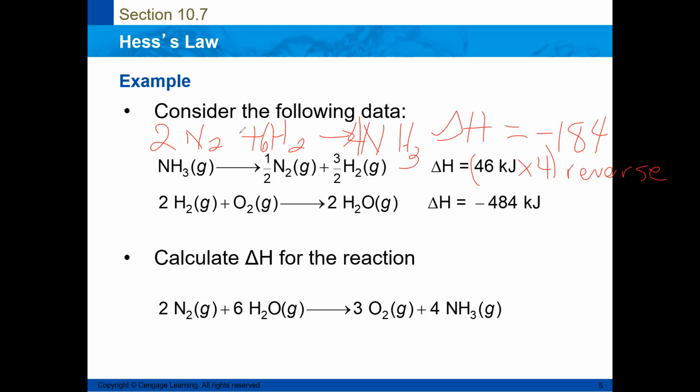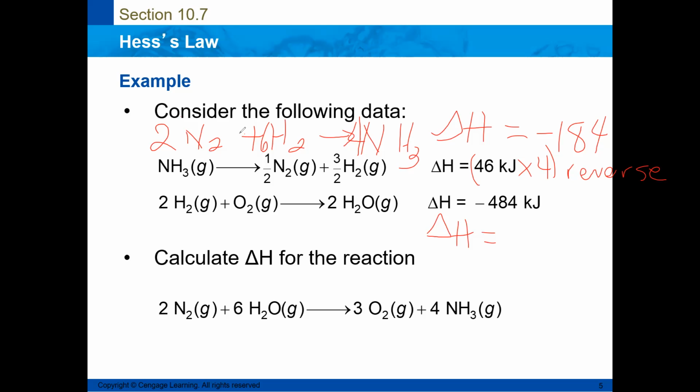Okay, the bottom one, what do we have to do to it? We have to multiply it times 3, it looks like. And reversed it too. So we need to reverse this one. So that makes it 484.